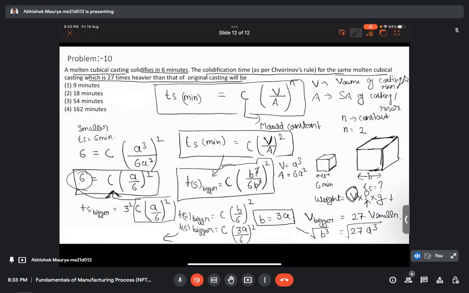Then we can write the solidification time of the bigger block will be 3 square times this whole value, which is nothing but 6. So 3 square is equal to 9, multiplied by 6, it will be 54, and it will be in minutes.